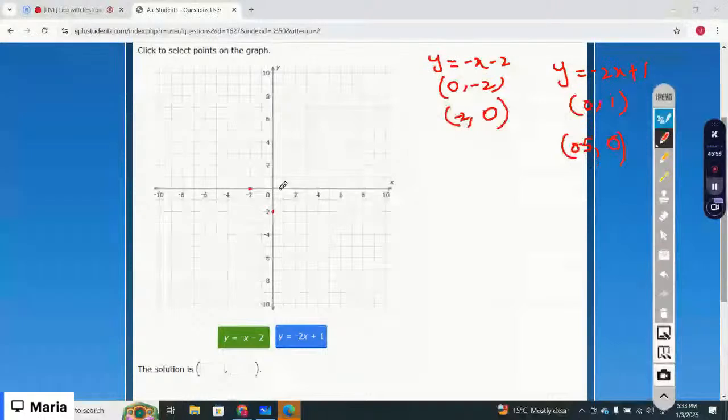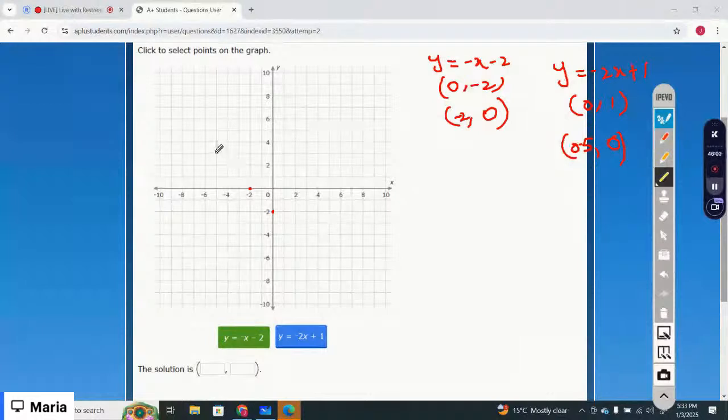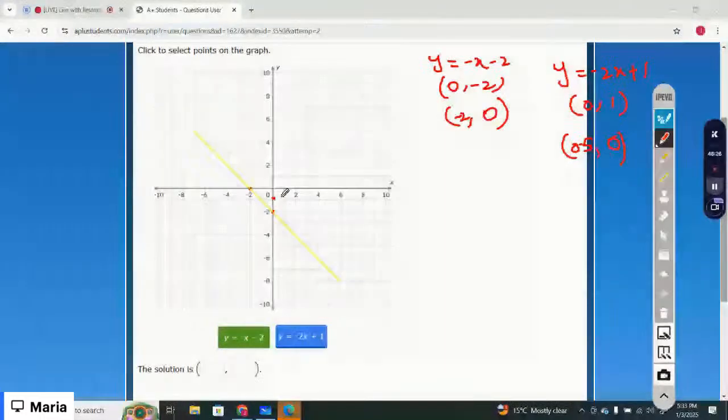Now for line 2, the point is x is 0, y is 1. And y is 0, and x is 0.5.